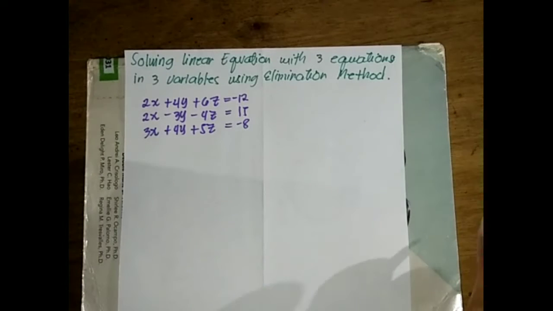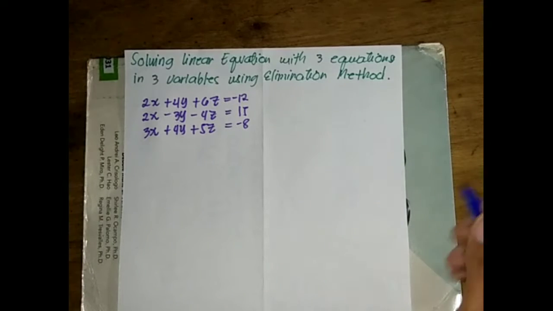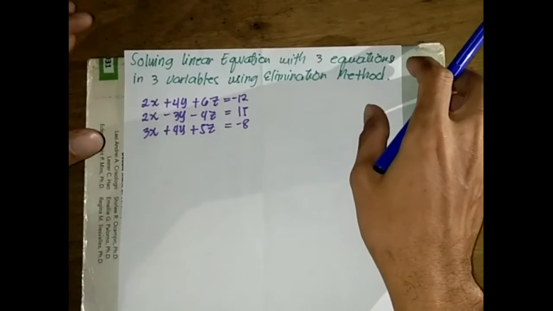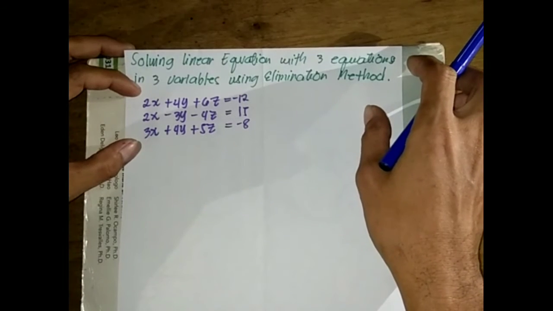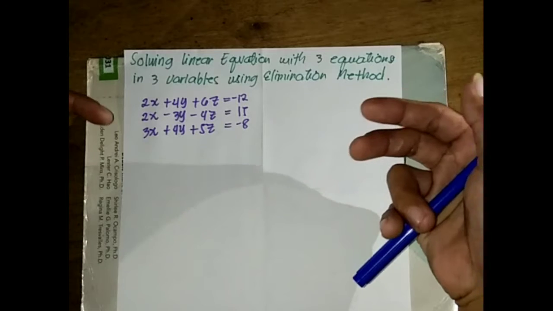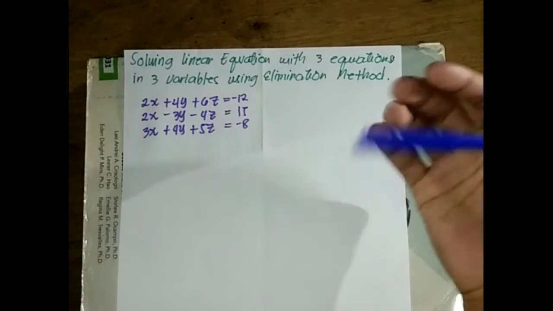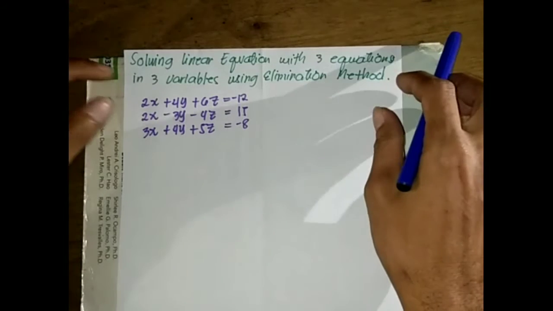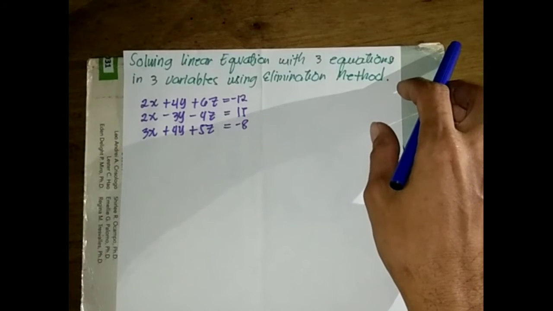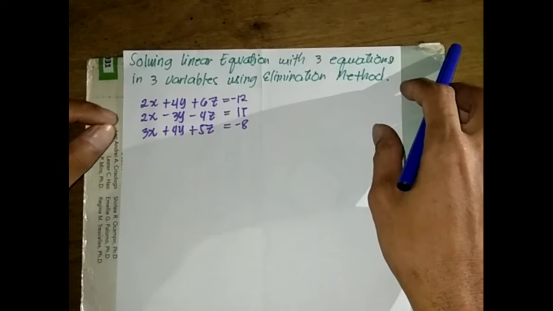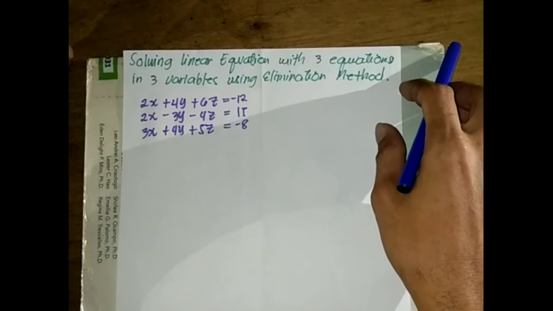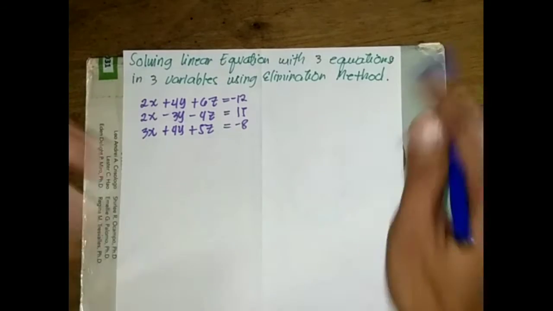So, ang first step natin, pipili tayo ng dalawang equation dito sa given, then we will combine them and eliminate one variable to transform these two equations with 3 variables into one equation with two variables.